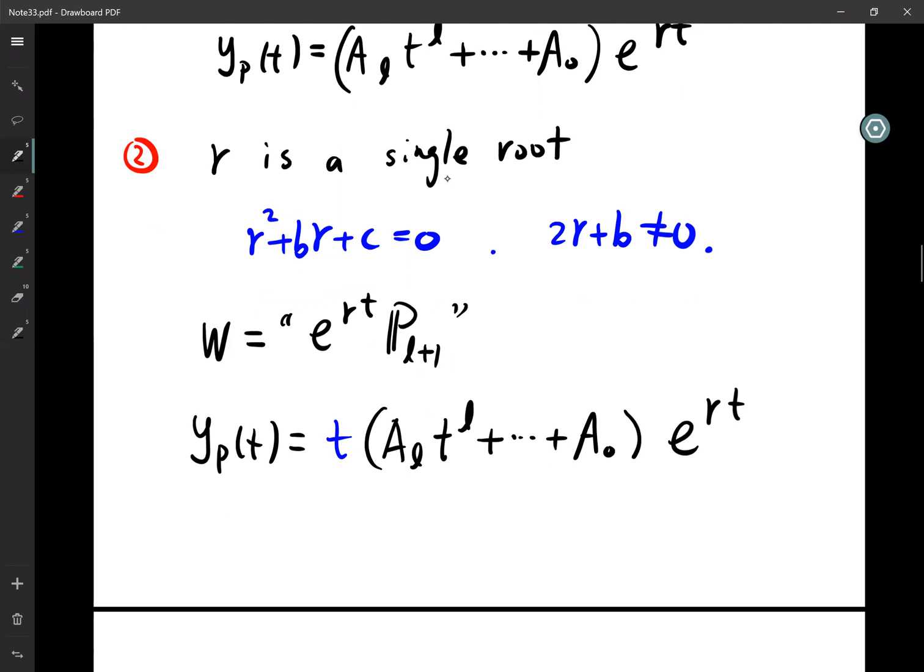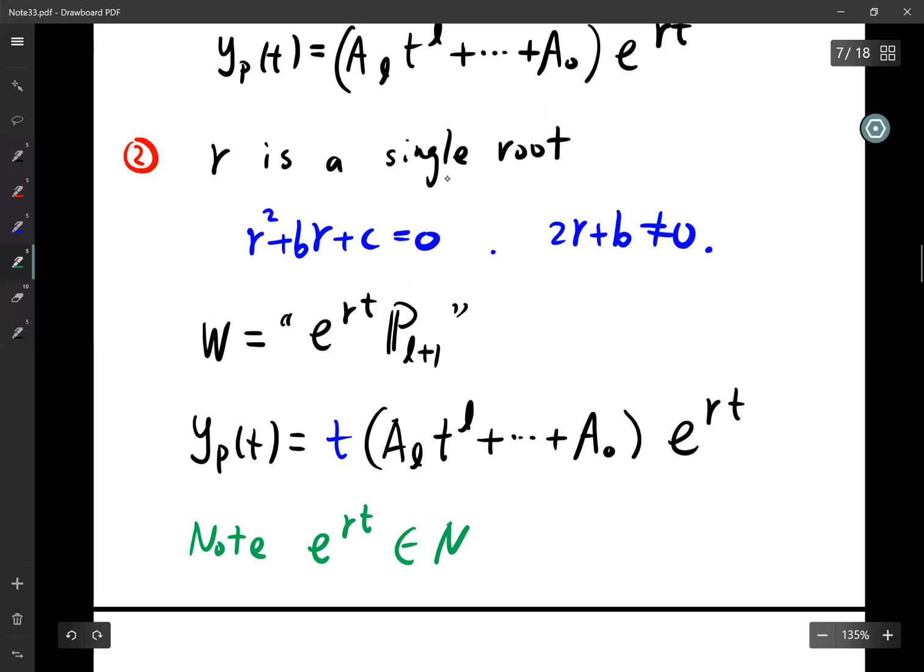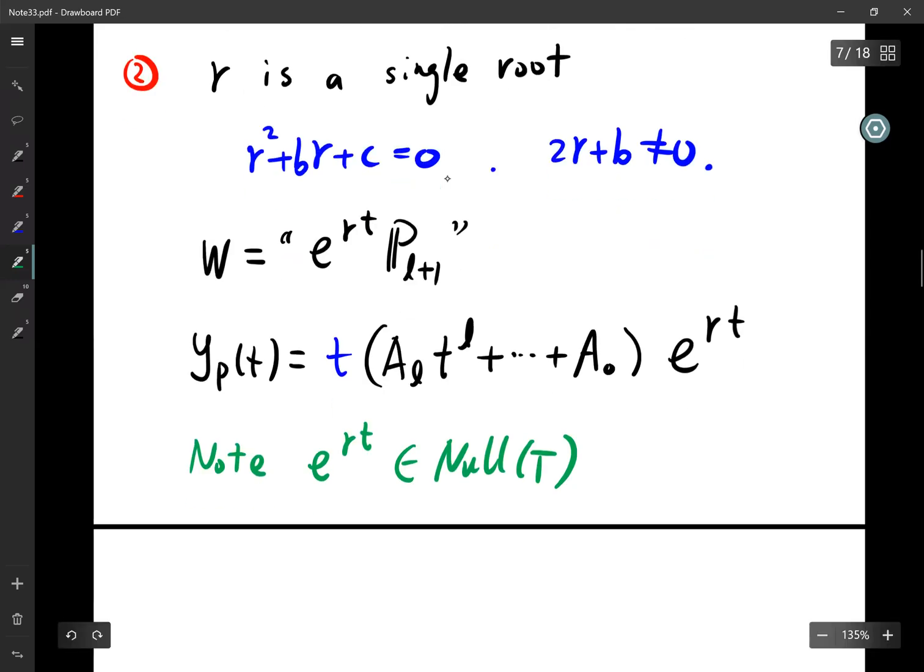That's because a constant times exponential RT is in the null space of T. So note, the constant term is in the null space of T. Therefore, I don't need to add it here. Even if I add it there, the coefficient cannot be determined through the right-hand side only. It should be determined through the initial condition. So the solution takes this form. Any question?